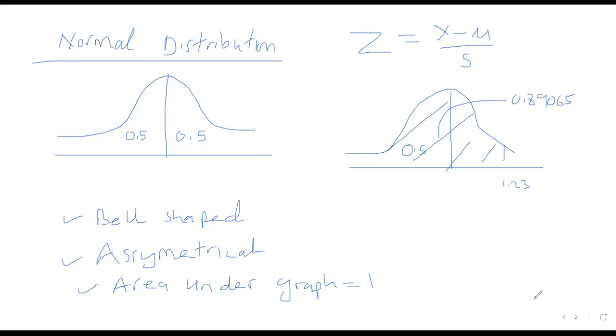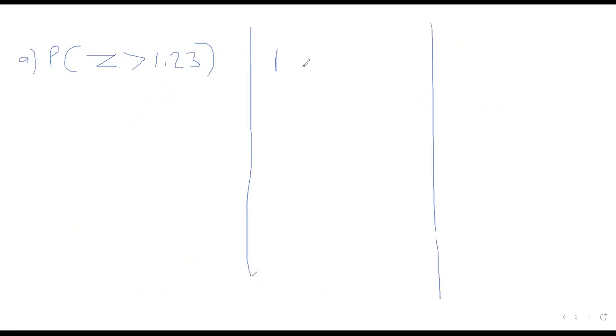So that being said, let's first try together to find the probability of Z greater than 1.23. This is our A. Our B, Z is less than 2.06.